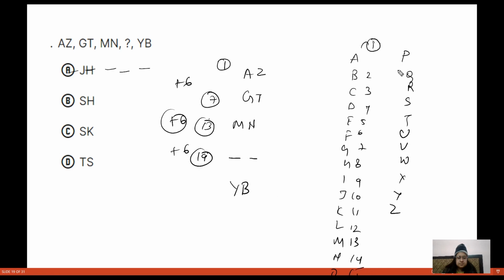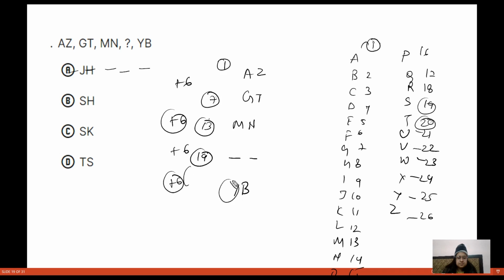I think 19 will be S. 19 is S, 20 is T, 21 is U, 22 is V, 23 is W, 24 is your X, 25 is your Y, and 26 is your Z. So 19 plus 6 is 25. You have your Y.